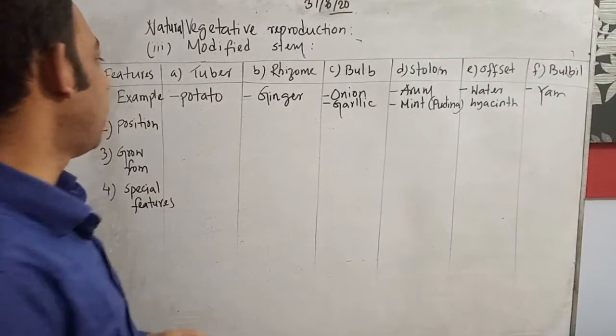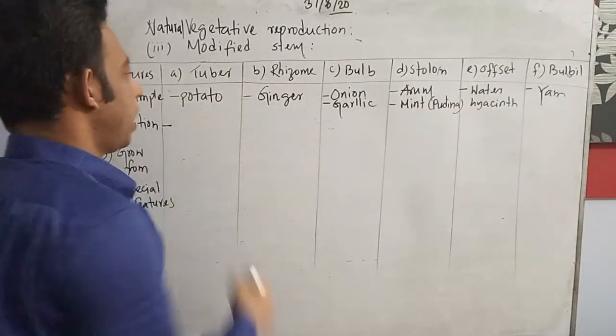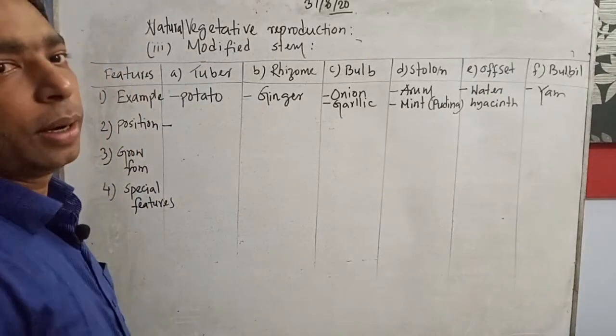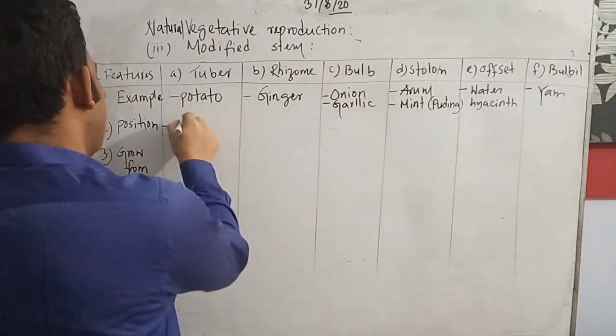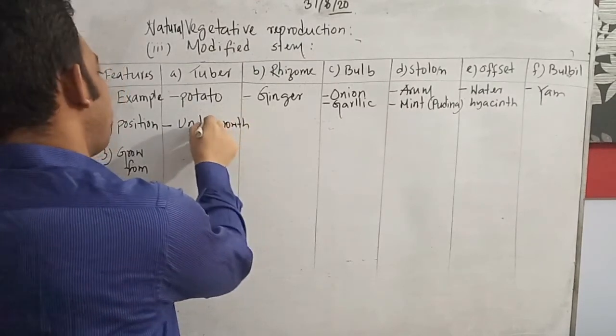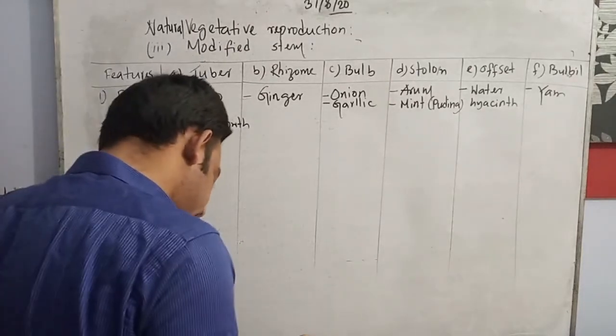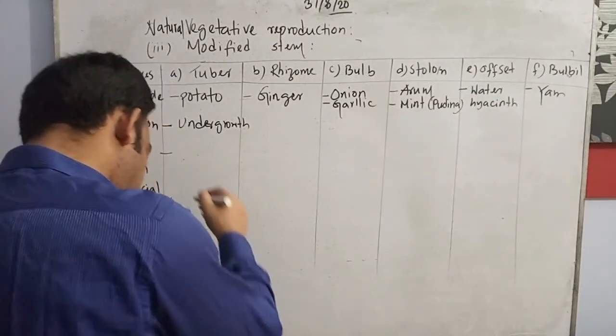By the way, the position, where the tuber grows: undergrowth. I do one for you, and you will do the others later on.